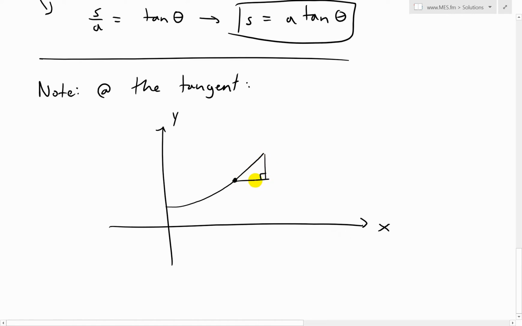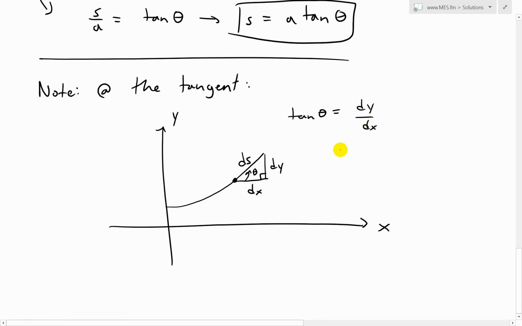So over at this horizontal one, this could be our dx, the horizontal distance. This is going to be our dy at infinitely small. This is our ds, or that incrementally small length of the line there. And again, our theta is that same one as above. So we end up having tan theta equals opposite over adjacent, dy over dx.